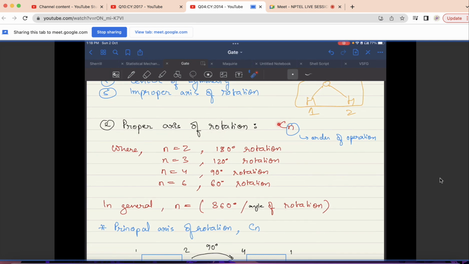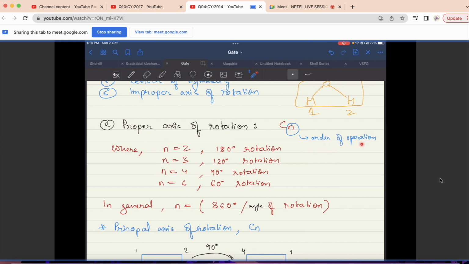The proper axis of rotation is denoted as capital C, with a small n in the suffix, where n is the order of operation. The symmetry element here is the axis, correct? And the operation we are doing is called rotation.